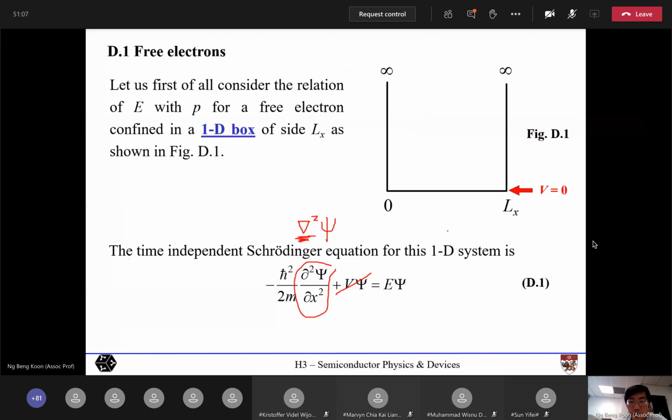We look at the boundary here, we define one end as x equals 0, the other end as x equals Lx. These two ends correspond to where, if you go beyond, you set the potential energy to infinity, which means it's very difficult to get to. Then the chance of finding an electron at this edge will be 0, either at x equals 0 or x equals Lx.